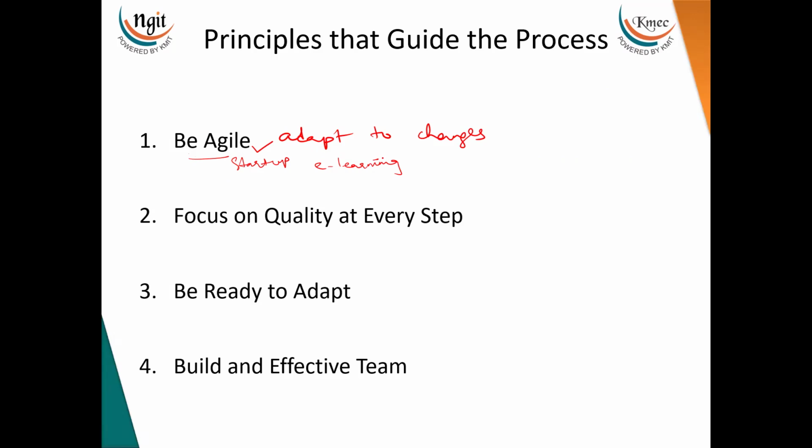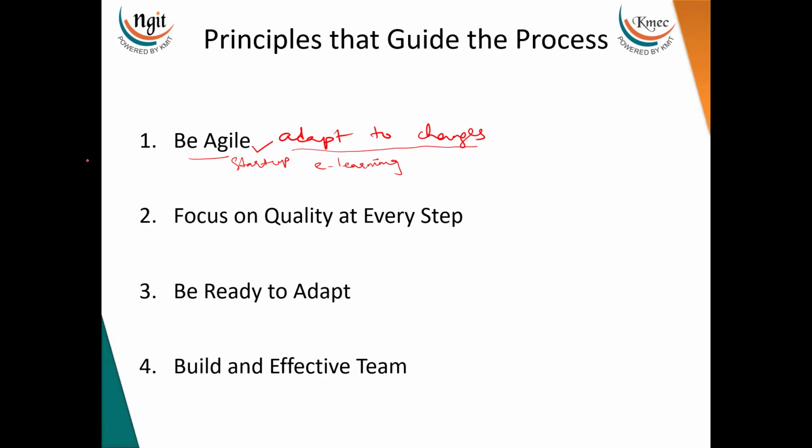When they start doing this e-learning application, they use the agile model, so they come up with agile sprints. During these sprints, for every 2 or 3 weeks they try to release some features based on the students' feedback. This means there is constant feedback from the students, and based on such feedback they are doing the changes. That is why I told you being agile is to adapt to the changes regularly.